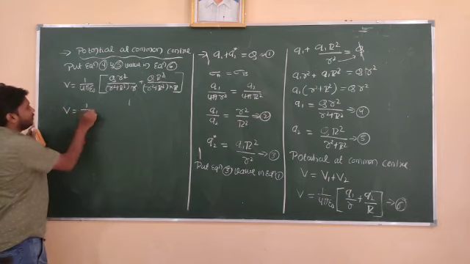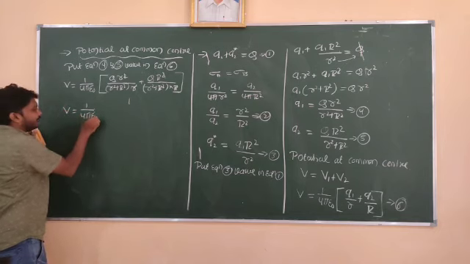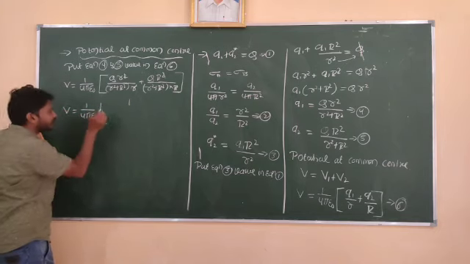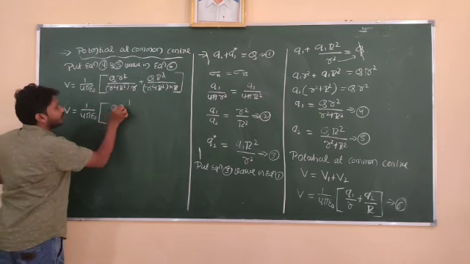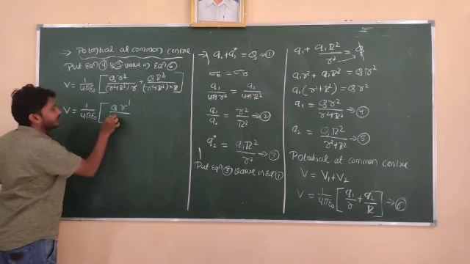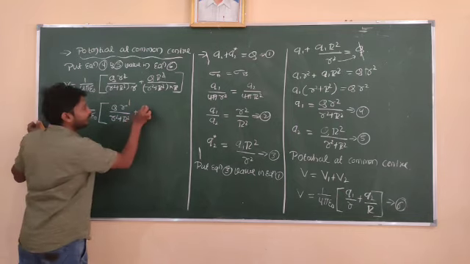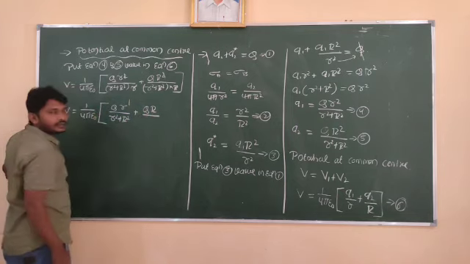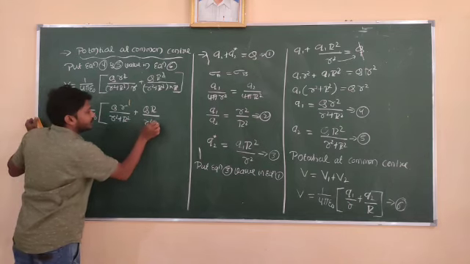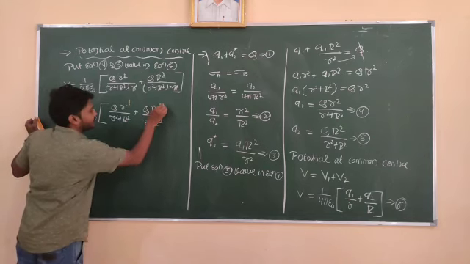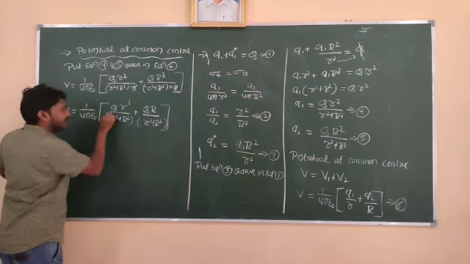V is equal to 1 by 4 pi epsilon naught, Q into R1 divided by R1 square plus R2 square, plus Q into R2 divided by R1 square plus R2 square. So this is the required equation.